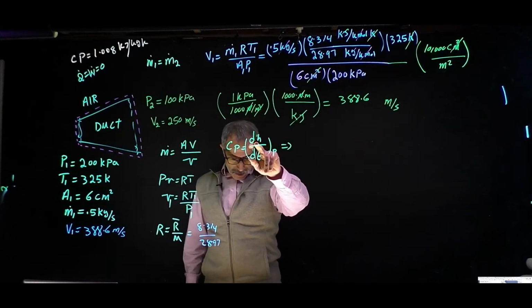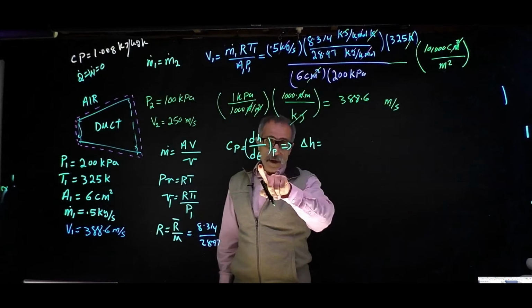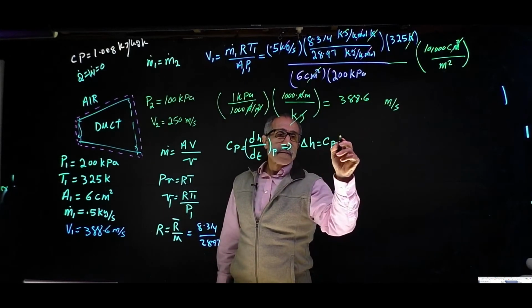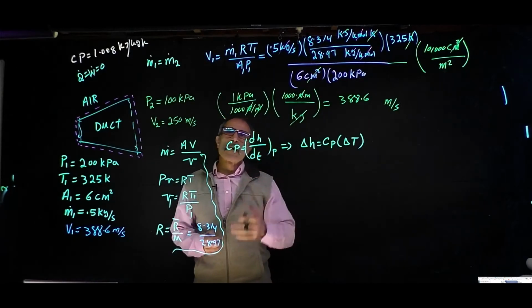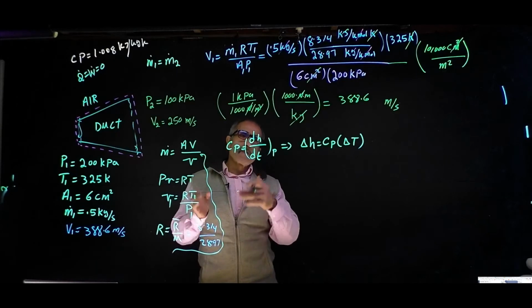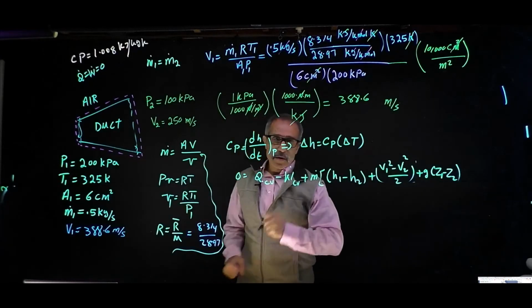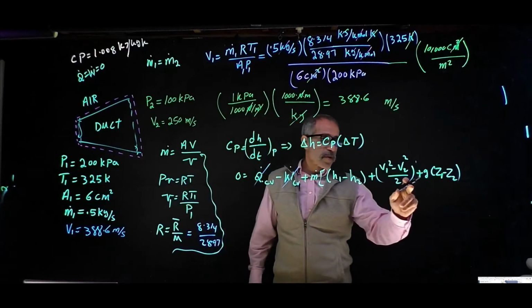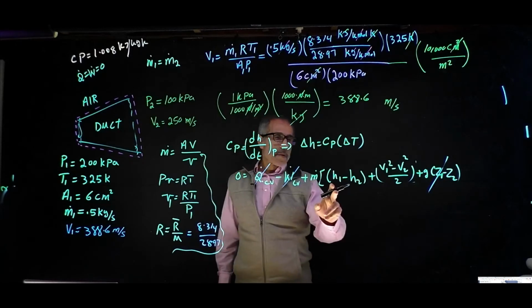So our delta H is equal to Cp times delta T. We know the steady state energy rate balance for one inlet and one exit is given by 0 equals my equation, I'm not going to write it down. Of course we know that these are 0, and we said that we ignore the potential energy, delta P is equal to 0, so we remain with these two.